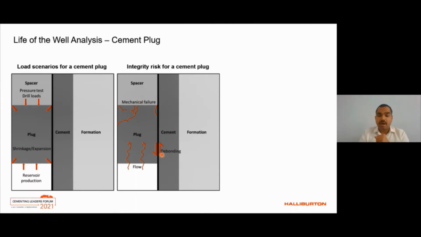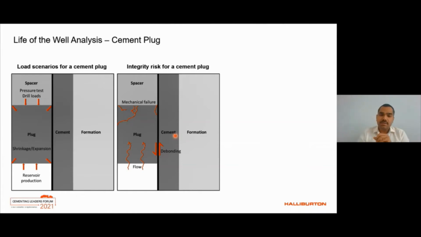There could be debonding between the plug and the casing. If this is a scenario of an open hole plug, there could be debonding between the plug and the rock. That's also doable. In this example, I try to create a context where you have annular cement also, just to be able to show that all potential possibilities can be captured.